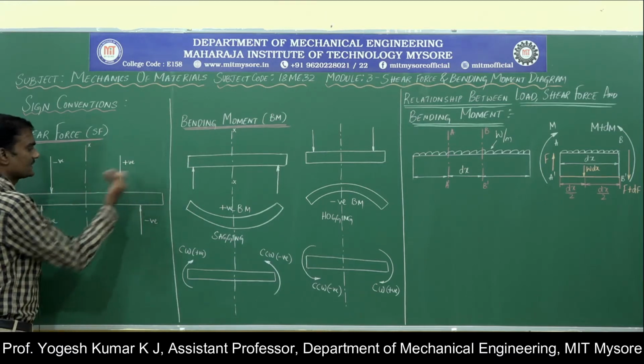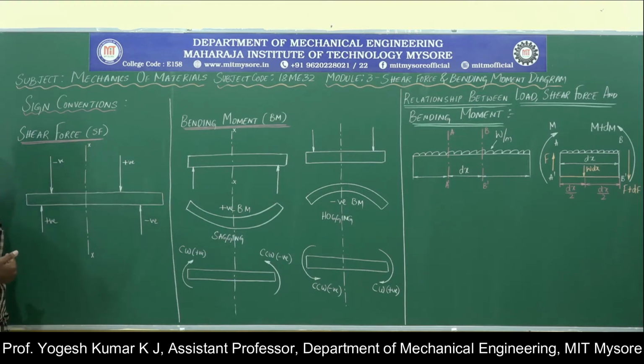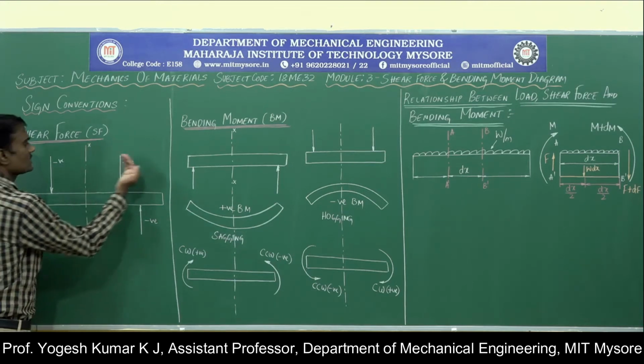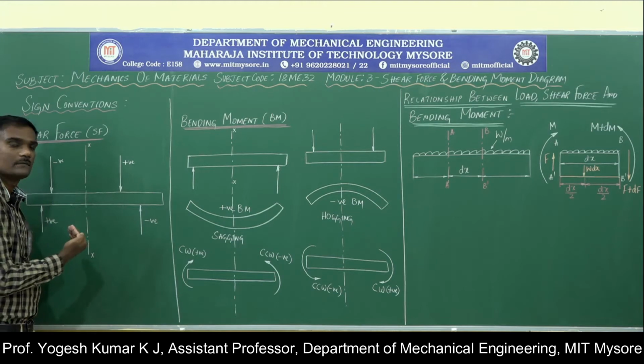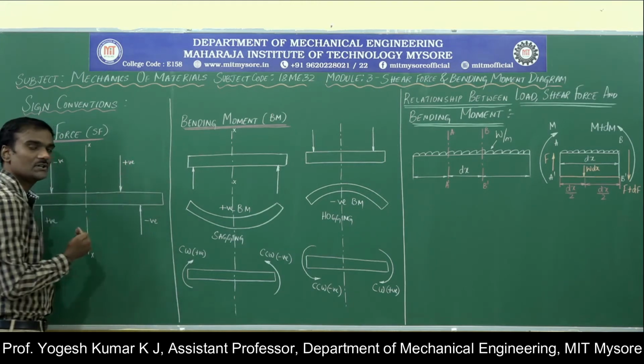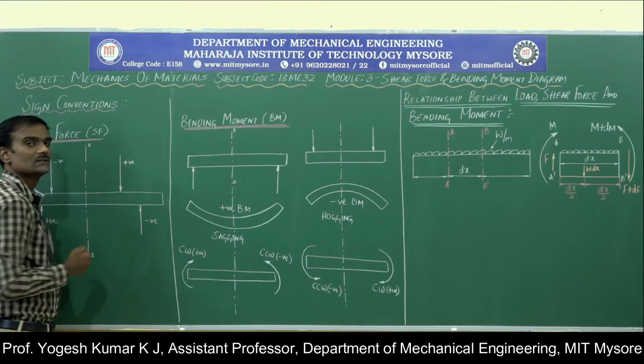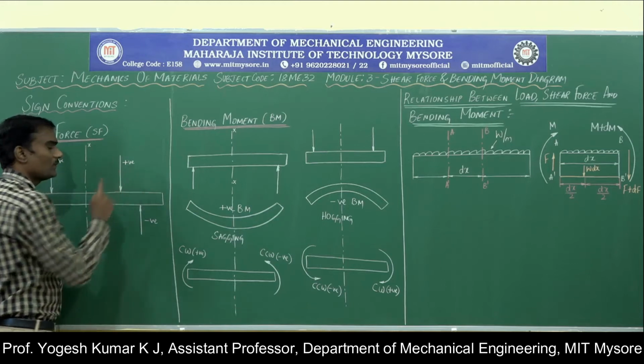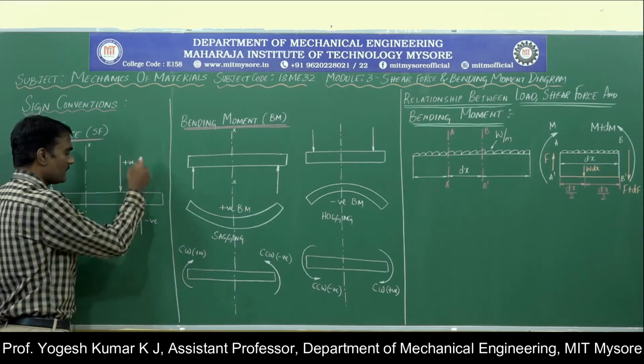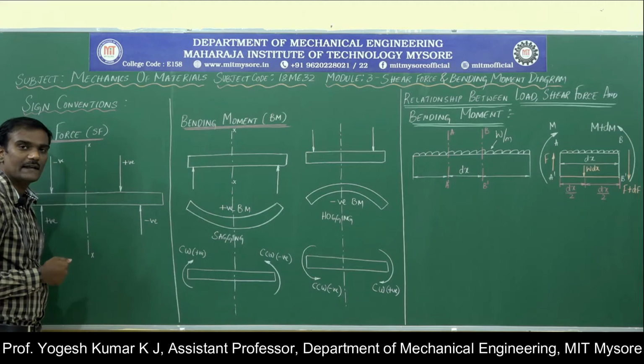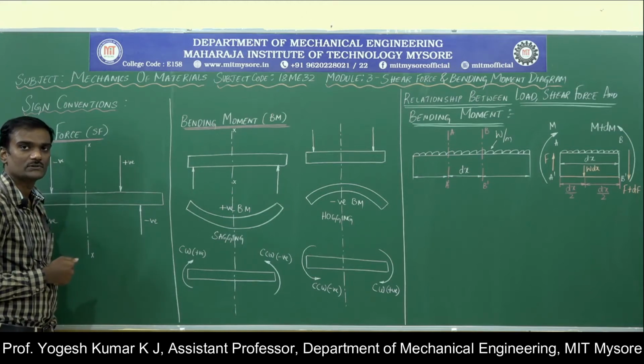And reverse, a mirror image on the other side. Forces acting towards the right side of the section, if they are downwards, it is positive. If it is upwards, then we say it is a negative value or a negative force.